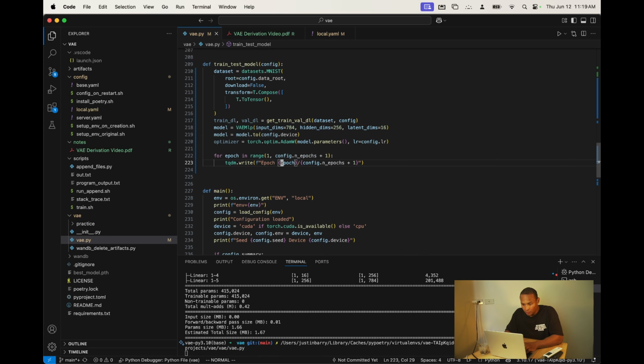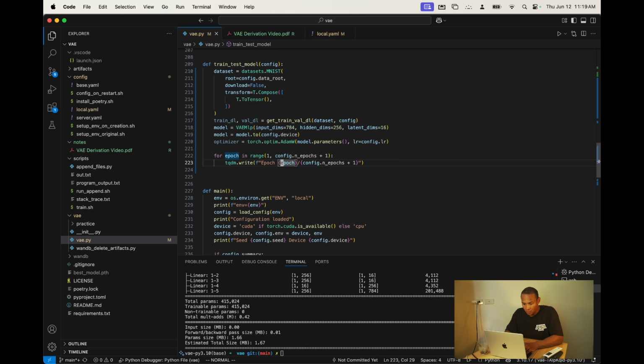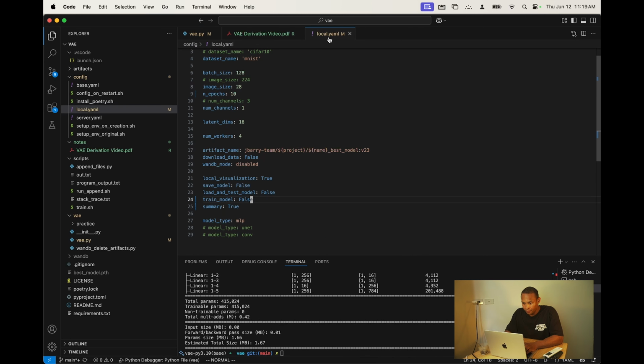Let's just run it, see if it works. Turn this to true. Summary false. Don't need this anymore. Pretty sure we're getting what we want.